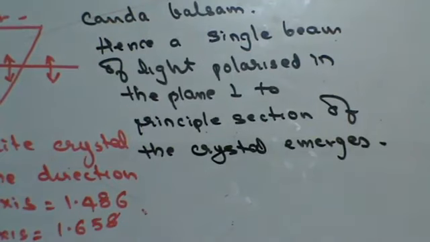Right? That's how you get a plane polarized light. So that's how a Nicol prism acts as a polarizer. It gives you a plane polarized light.